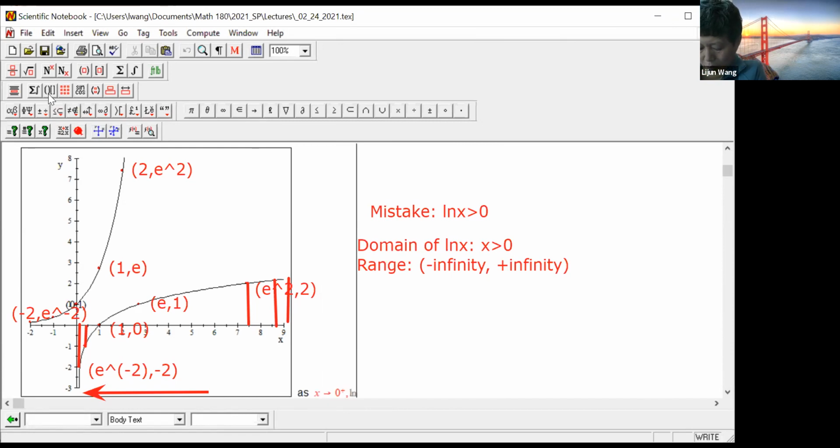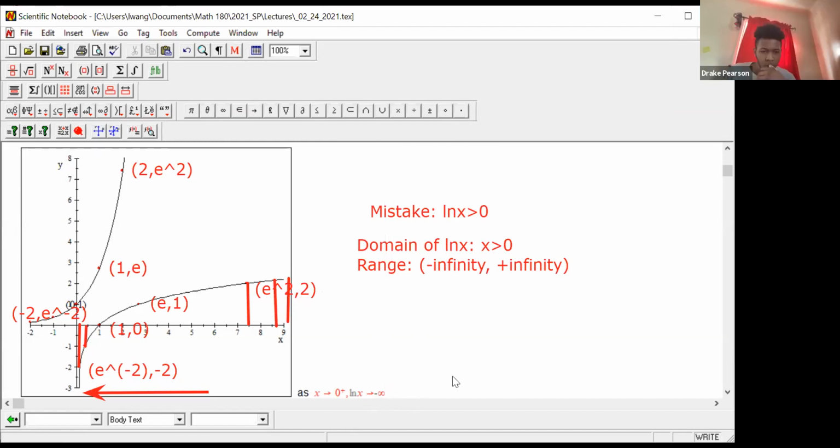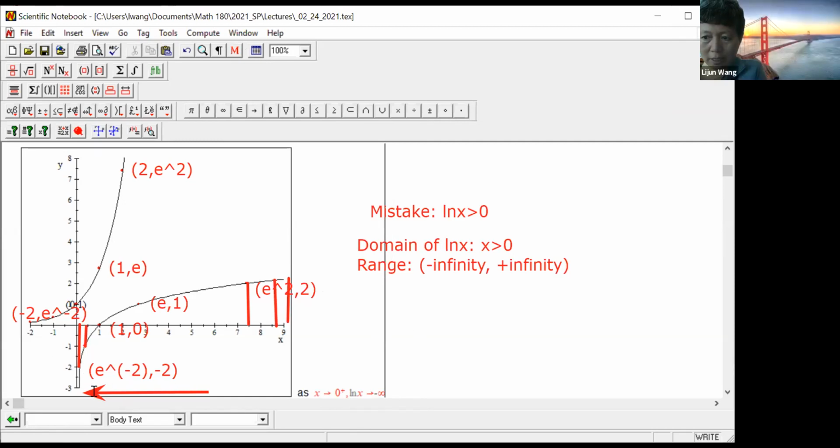What does ln x approach? It approaches negative infinity, isn't it? I'm sorry, this may not be visible to you. Is it visible to you? It approaches negative infinity. Do you see that now? So this is the observation as x approaches 0 from larger than 0.